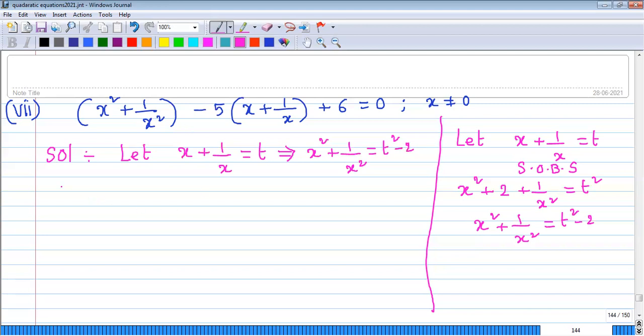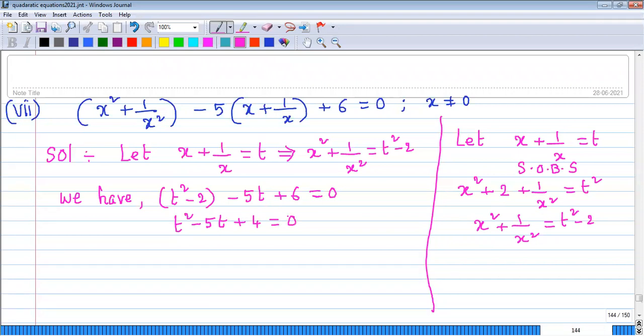Now the given equation becomes t square minus 2 minus 5 times t plus 6 equals 0. So t square minus 5t, 6 minus 2 is 4, plus 4 equals 0.